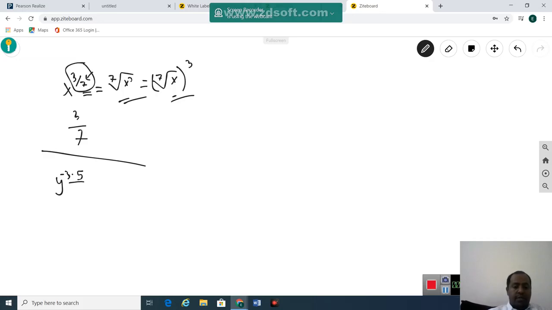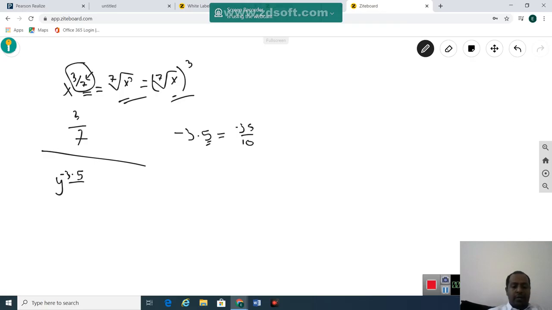So let's convert negative 3.5 to rational expression. Negative 3.5 is the same as negative 35 over 10, since we have only one digit after the point, so the denominator will be 10.